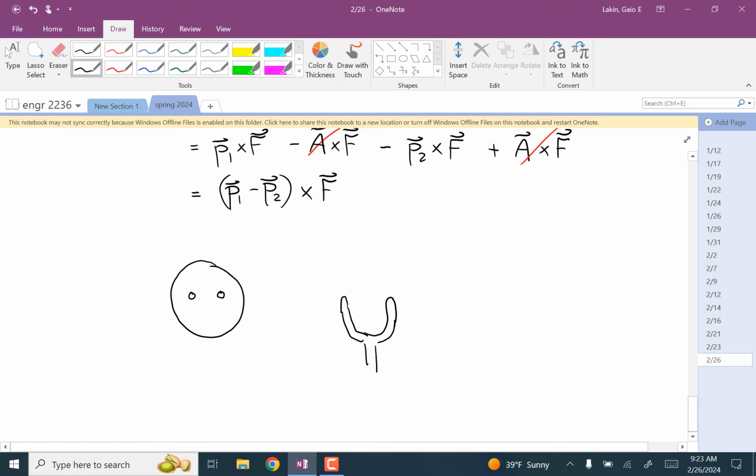Well, if you're trying to loosen this thing, you're going to turn it in a way that applies a downward force on this one, an upward force on this one. That has the effect of producing a couple. You don't have any net force on this thing, because you have one going down and one going up, and they cancel each other. But it does have the effect of turning this counterclockwise. Okay, so that's how to visualize a couple.